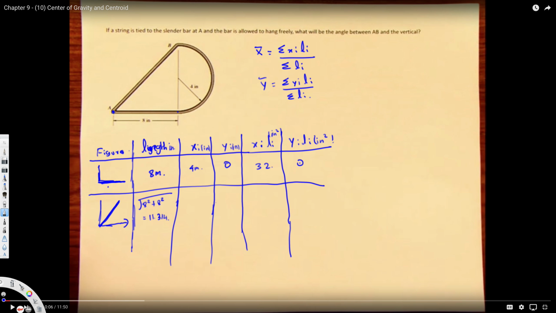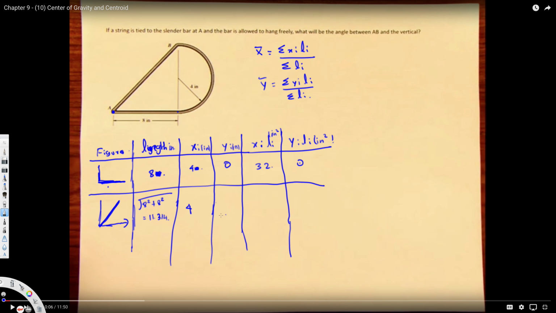Xi is going to be, so this is the point where we are calculating the centroid. In this case, x bar is going to be exactly the middle of this one. We have to calculate the middle from the x-axis, so from here to here. It's going to be exactly 4 because the total distance is 8. You can see that B is ending at exactly the same point as this. So it's going to be 4 inch.